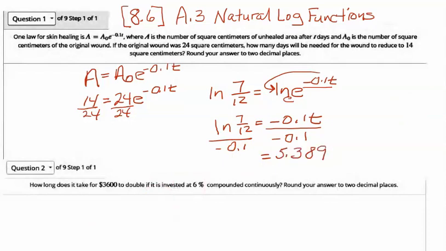And you should get something like this. I've left 3 decimal places. I have to round it to 2. So this will then become 5.39. And again, this is in time. Days. All right, let's go on.